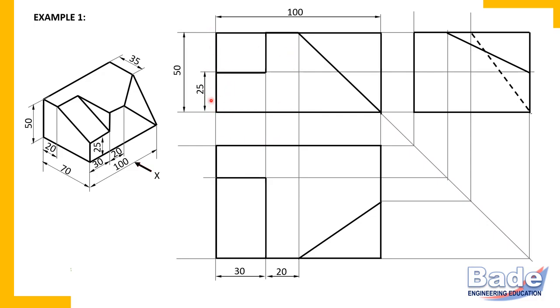Distance between boundary of the view and parallel lines must be sufficient, at least 8 millimeters. And distance between two parallel dimension lines also must be sufficient, at least 8 millimeters you can say. Okay. Now 25 height and 50 height. Any other dimensions parallel to height?